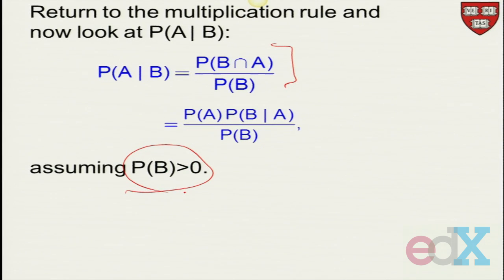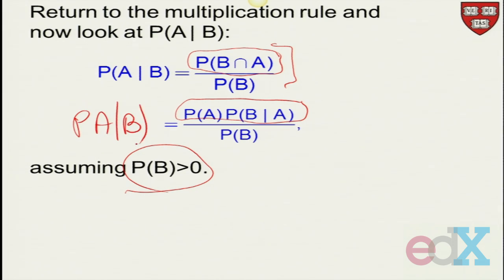Now, from the multiplicative rule, we can apply it to the numerator and get that it is equal to P of A times P of B given A. So look what's happened. We have written P of A given B in terms of simple quantities, P of B and P of A.